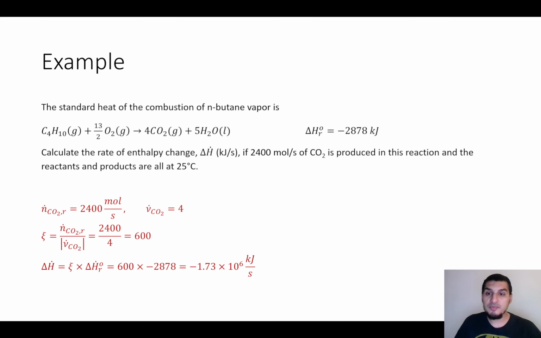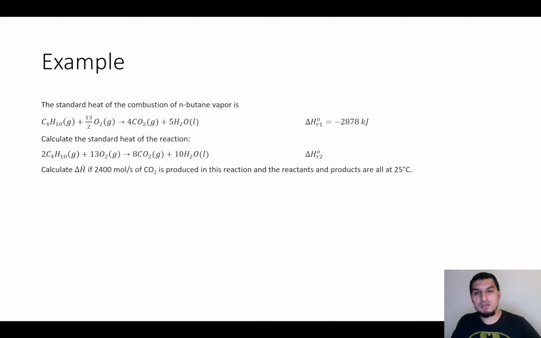Remember the numbers here, because we are going to use the same numbers for the same equation, but with one small difference. Here we have the same equation with the same heat of reaction, the same phases, everything the same, and we want to calculate the standard heat of this reaction. So let's do this first. If you compare this equation and this equation, the difference is that we multiplied this equation by 2.